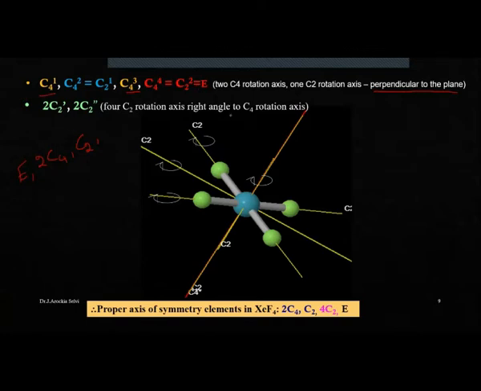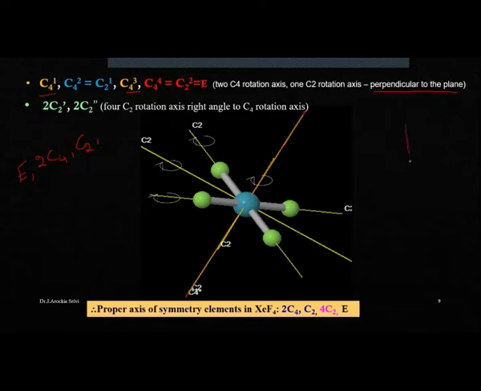Then when the rotational axis is at right angle to the C4 rotational axis, this is again one more way of explaining the axis in the plane. So the axis is in the plane, which is perpendicular to the C4 axis.